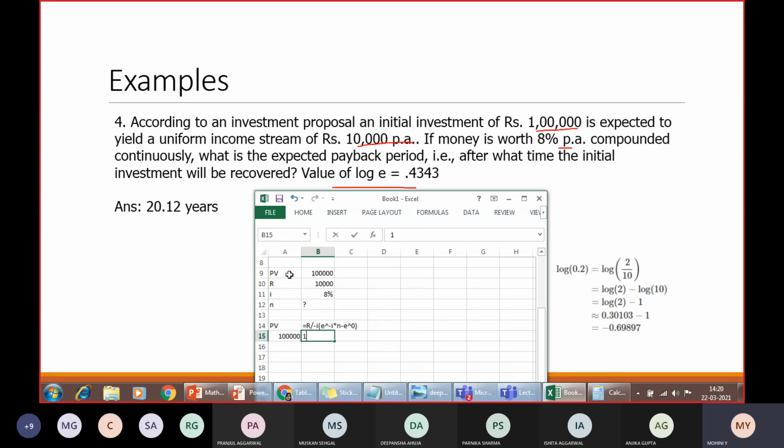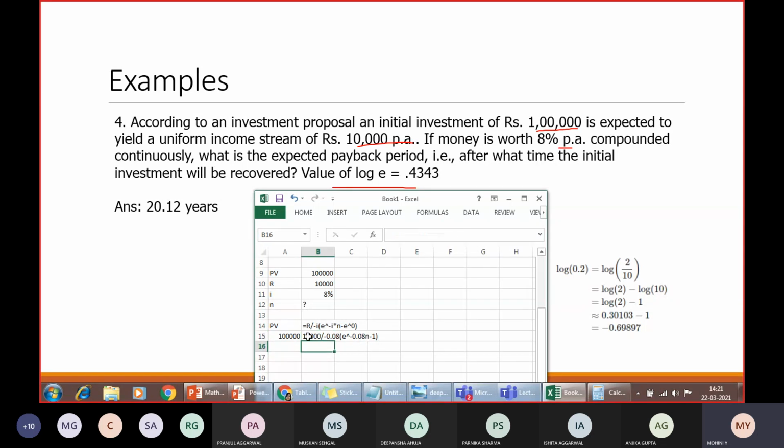Then annuity is also given, 10,000 divided by minus 0.08, that is the rate of interest. Then e raised to power minus 0.08 n. Okay, n is not given, बाकी मैंने I लिख दिया, minus 1.